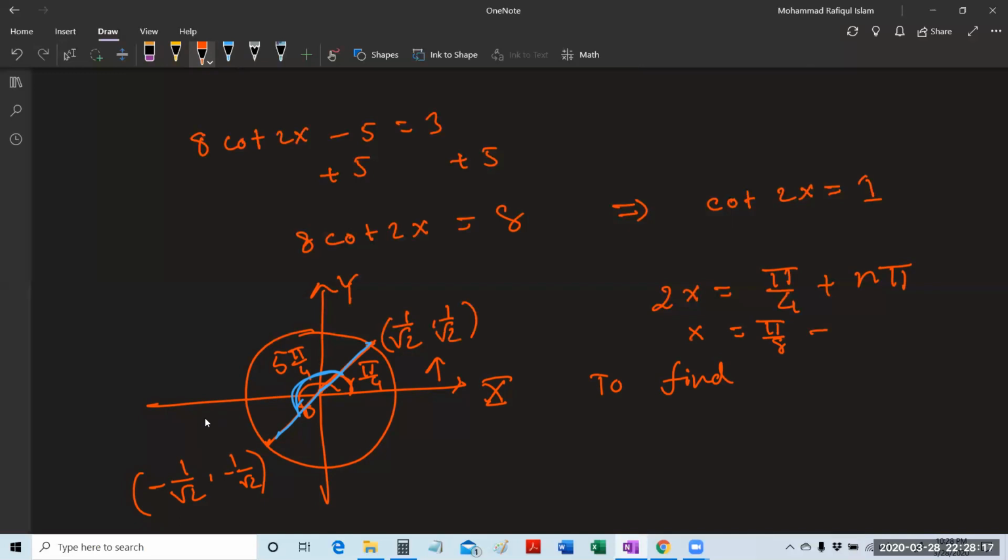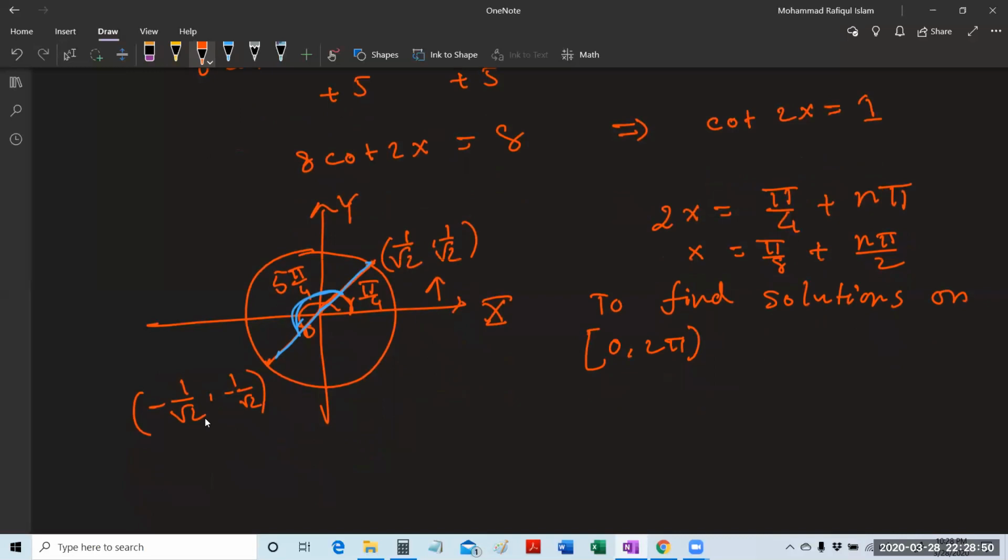So to find solutions on 0 to 2 pi, we have to substitute n equals to 0, 1, 2, 3, and some other positive values. Why are we not taking the negative values? Because the interval itself is positive, so we don't have to worry about the negative n values.